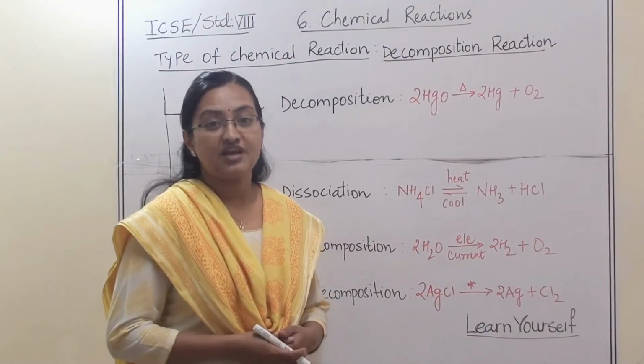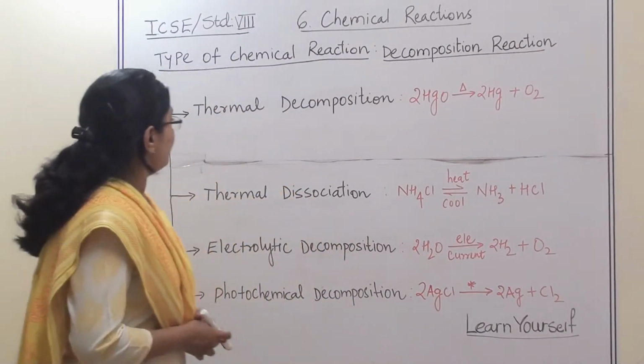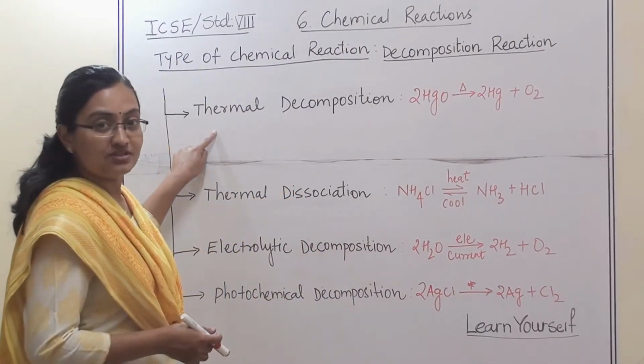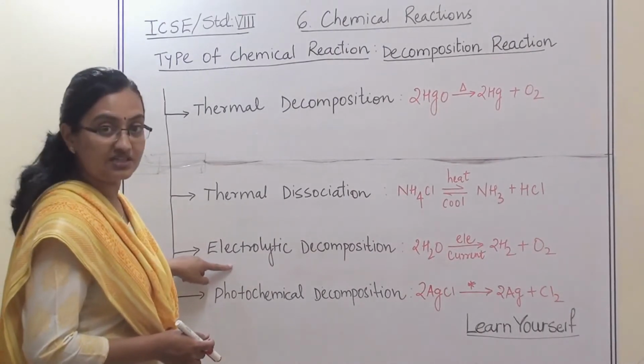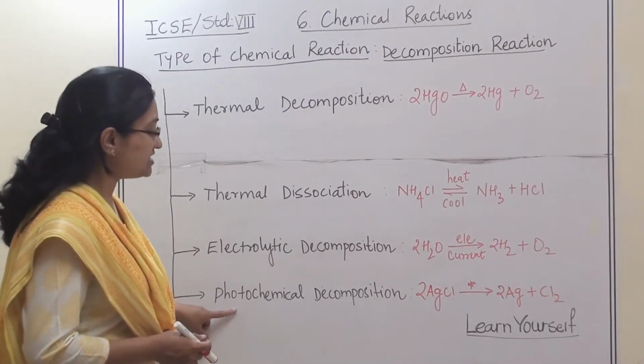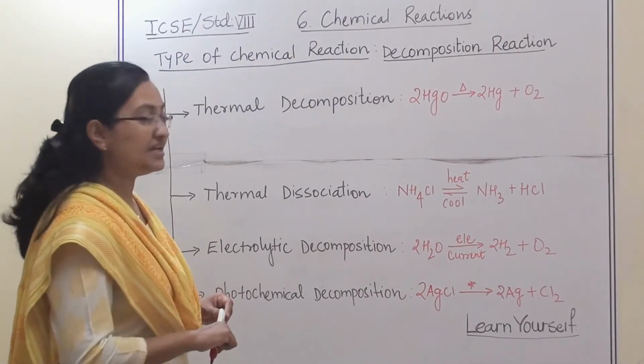Decomposition reaction we carry out in four different ways. First is thermal decomposition, second is thermal dissociation, third is electrolytic decomposition and the last one is photochemical decomposition. The first one is thermal decomposition.